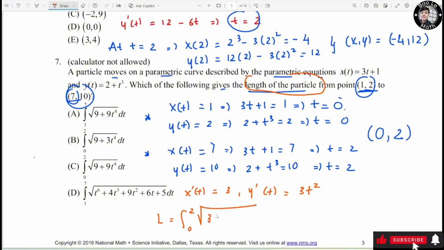So it could be 3 squared plus 3t squared altogether squared dt, right? So we're going to simplify this one. It's going to be the integral from 0 to 2 of the square root of 9 plus 9t to the 4 dt. So the answer must be A.